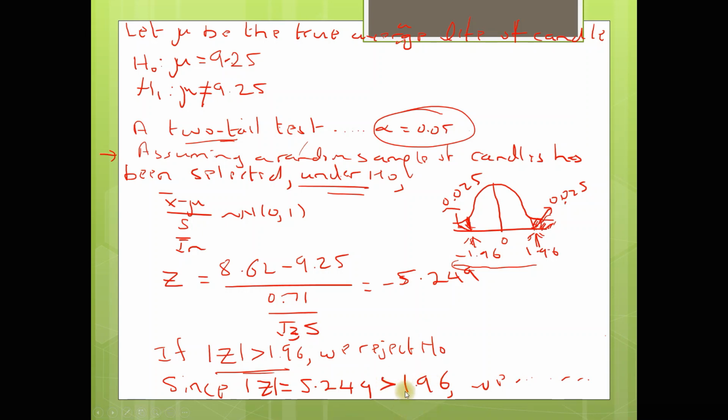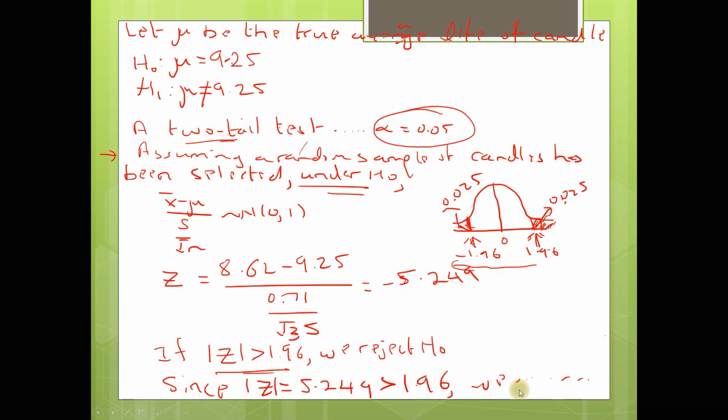You rejected the null. So what is happening here? Since modulus z is greater than 1.96, we reject the null hypothesis at the 5% level of significance. So you see that the rejection or non-rejection is based on the null only.